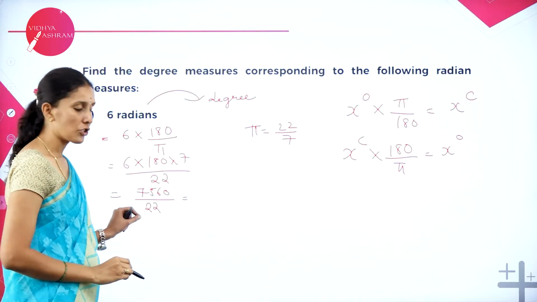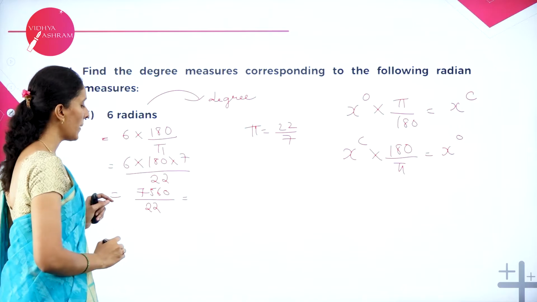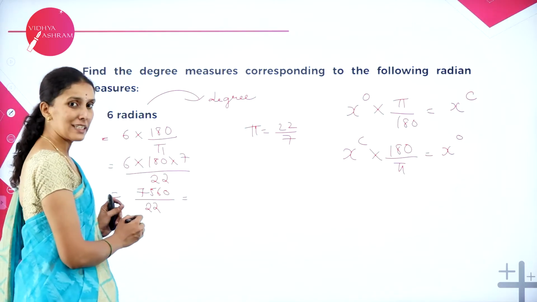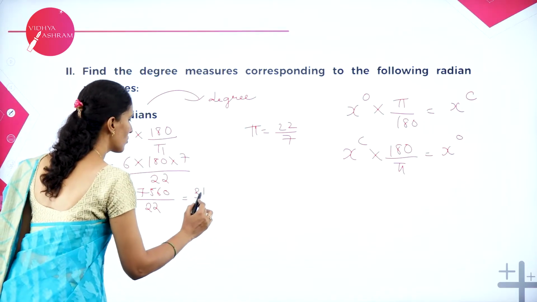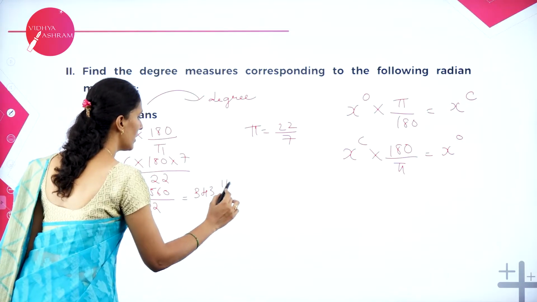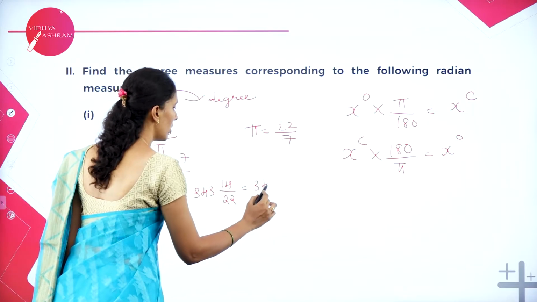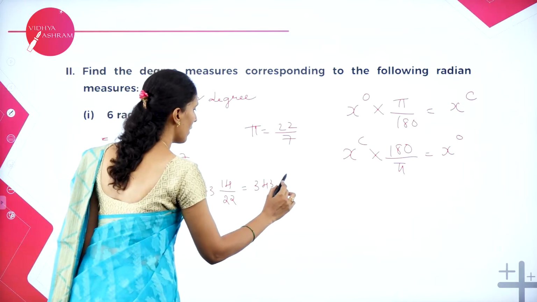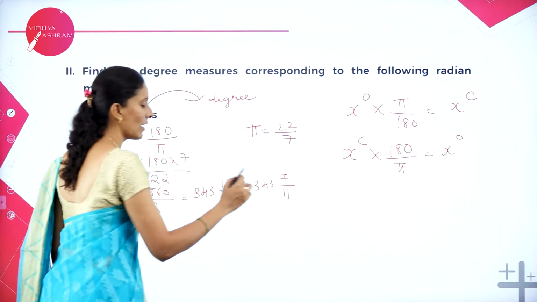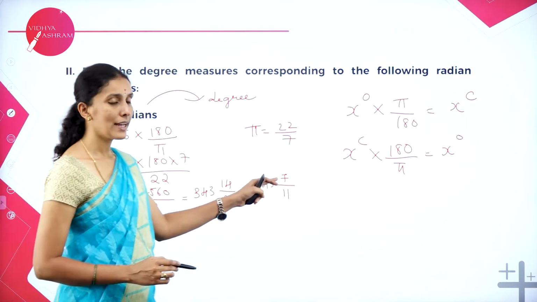Since you have a fraction here, first convert it into a mixed fraction. When you convert this into a mixed fraction, you will get 343 and 14 divided by 22. That is, you can take 343 and 7 by 11. Now 7 by 11 can be taken as minutes.